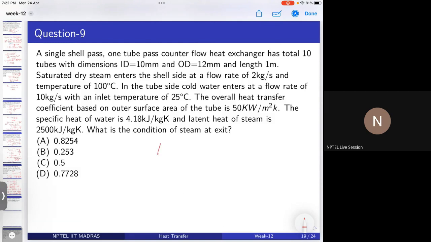So first the area is given, that is the area of a single tube, that is pi d l. How much is the diameter?